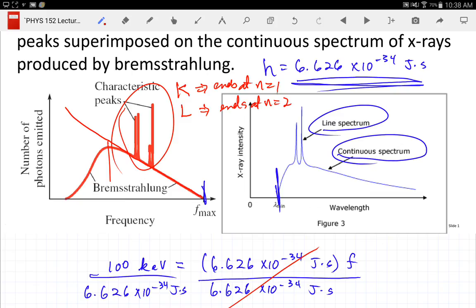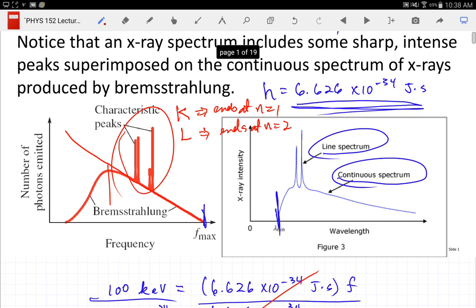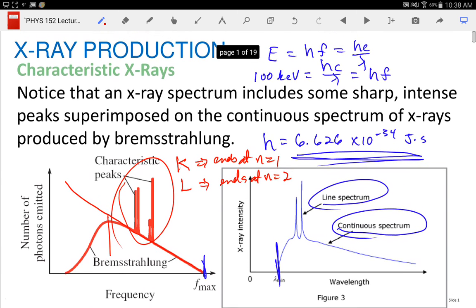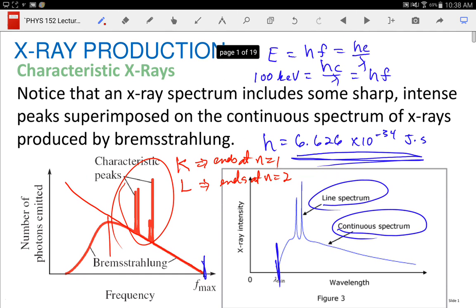KLMN adds up nicely. And alpha means it's a transition of a difference of 1, so going from like 2 to 1. Beta is a transition of difference of 2, so going from like 3 to 1. So that's how those are labeled. Now that's almost ending my X-ray discussion. We'll come back and talk about medical X-rays. But any questions about X-ray production before we move on?